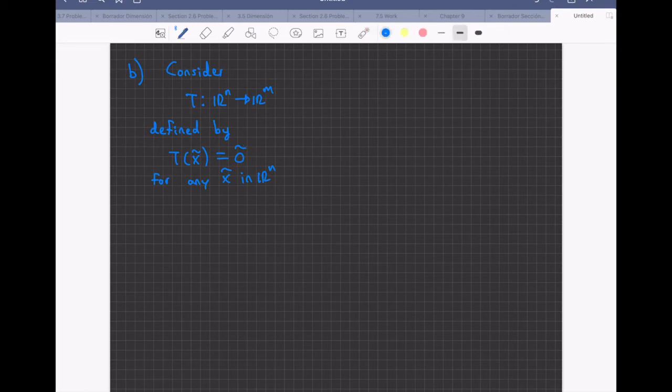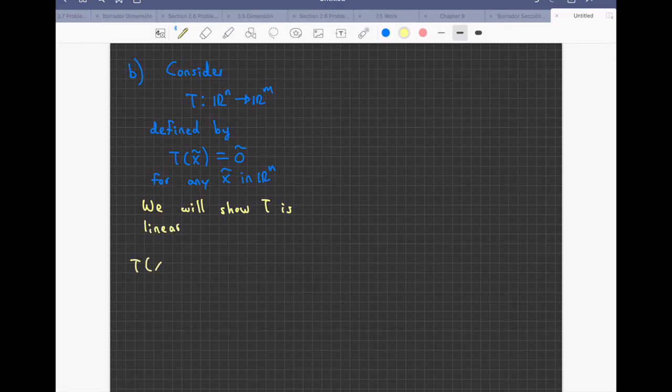This transformation is linear. Notice, we will show T is linear. Why?